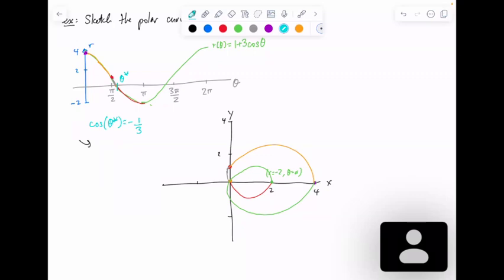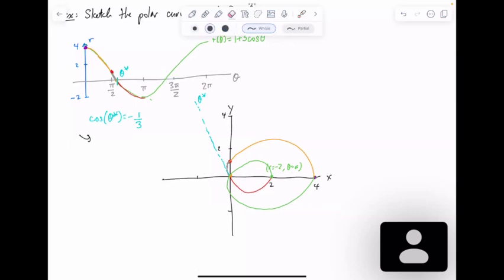So what this is saying is that this angle with the positive x-axis is theta star. As I'm going along this curve until I hit theta star, everything is nice. We all know, hopefully from last week, what it means for r to be positive when theta is positive.